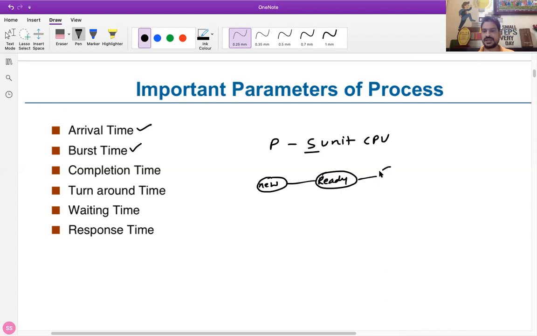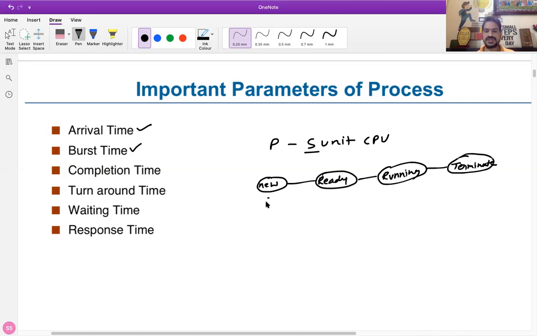From the ready state, the process will go to the running state. It means it will be allocated the CPU, and then the process will be terminated after running its instructions.